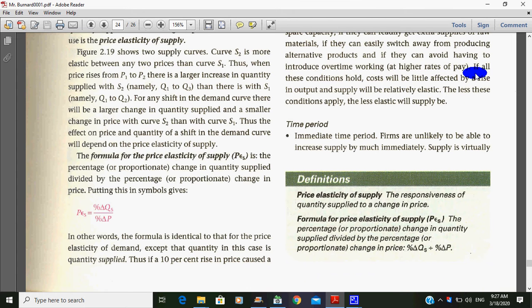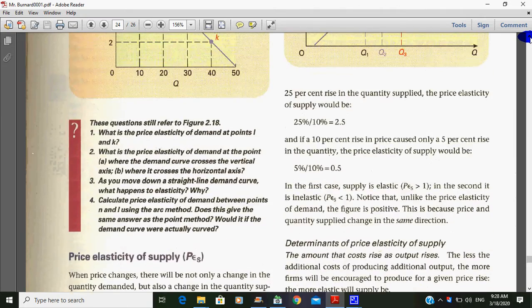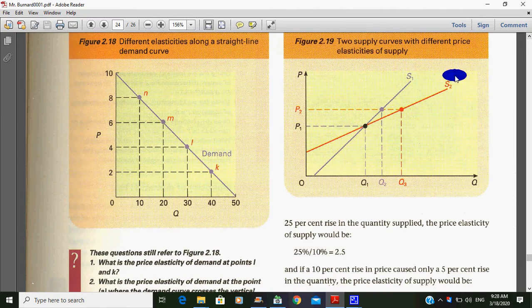Figure 2.19 shows two supply curves, right? You have curve S2, which is this one, as you can see right here. S2 is more elastic between any two prices than S1, which is this one.